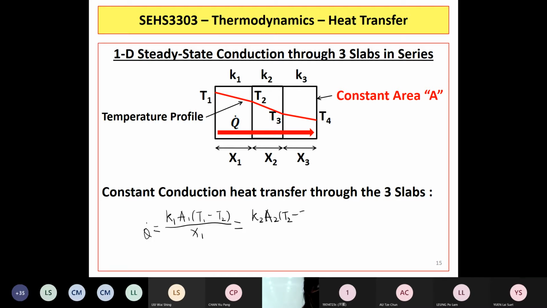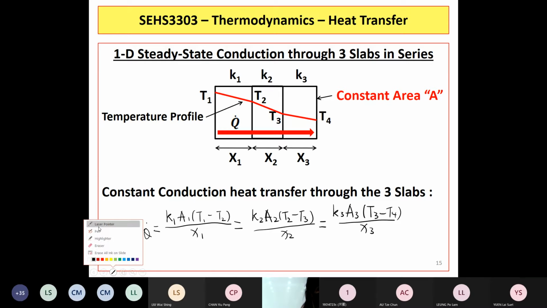T3, X2. It also equals K3 through the third layer, area, divided by the thickness. This is how we calculate the conduction heat transfer through multiple layers with 3 different materials.